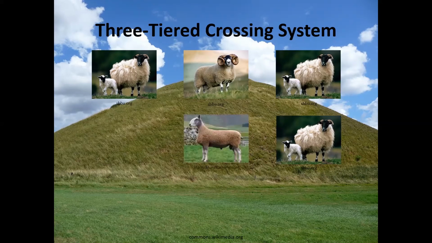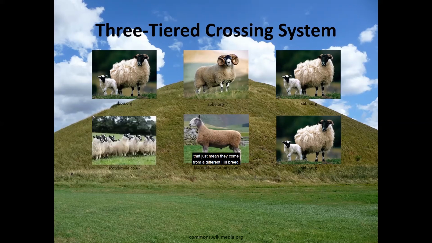In that environment, they're bred to a crossing sire, a maternal crossing sire. Most times, that's a blue-faced Leicester. And that produces what's called a mule. In this case, a Scottish blackface crossed to a blue-faced Leicester produces a Scotch mule. There are many other varieties that just mean they come from a different hill breed.